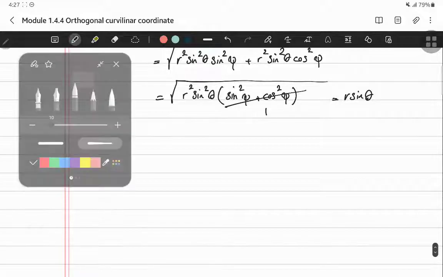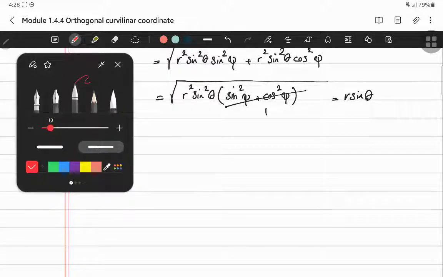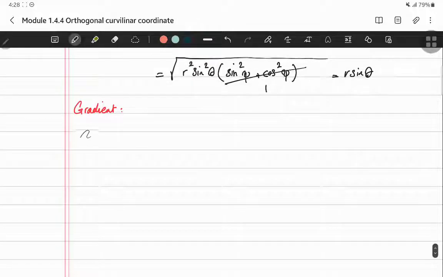So for example, for the gradient operator, if you recall, the gradient was the partial derivative of what we want with respect to xi ei.